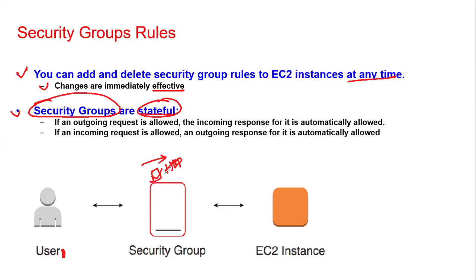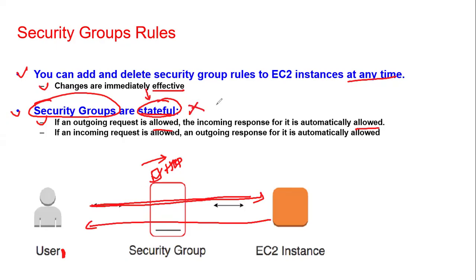If user one has initiated the request to open the website, the request will go to the EC2 instance, and the same request is allowed for outbound as well automatically. So stateful means if the incoming request is allowed, the outgoing response is allowed automatically. You don't need to create a separate rule. This is the meaning of stateful.